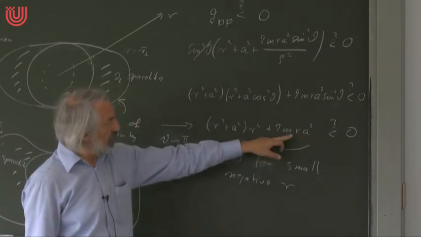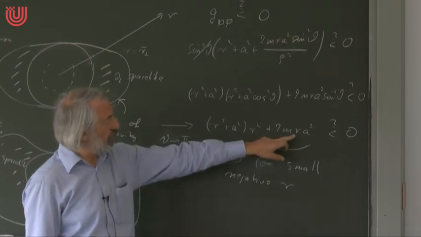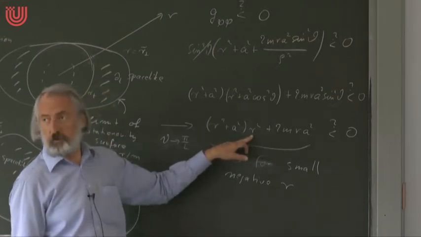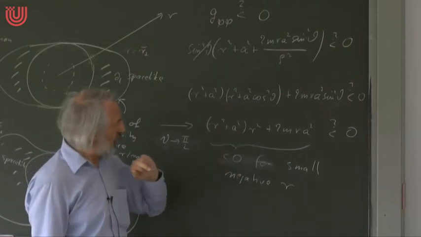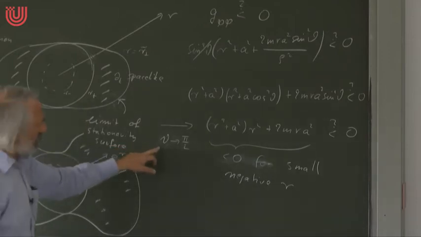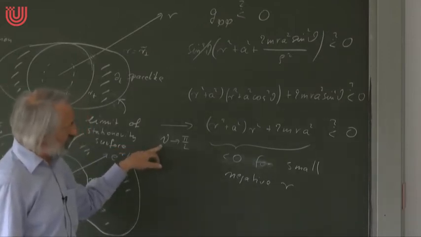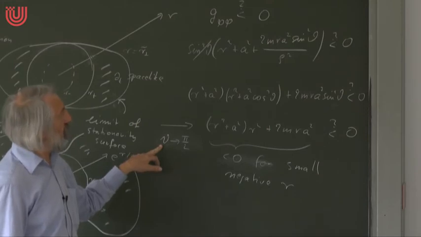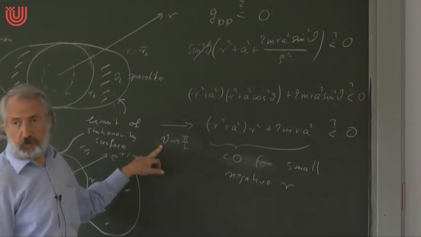And the modulus is bigger than this term here for small values of r, because this begins with an r squared. So in the neighborhood of the ring singularity, r equals 0 and theta equal pi half is the ring singularity, I have a region where d by d phi becomes time-like.